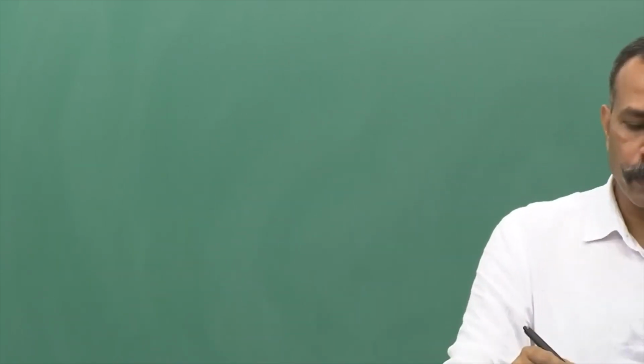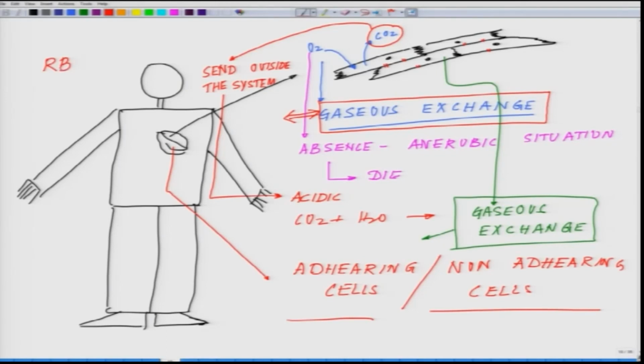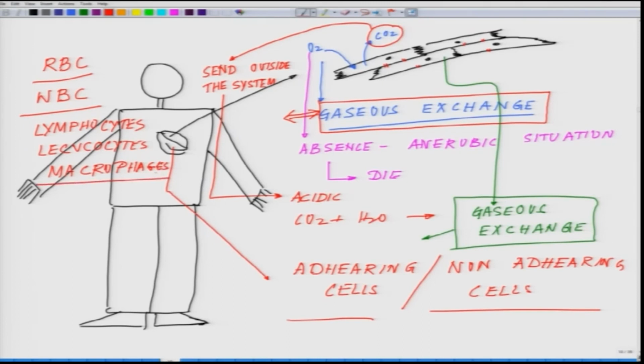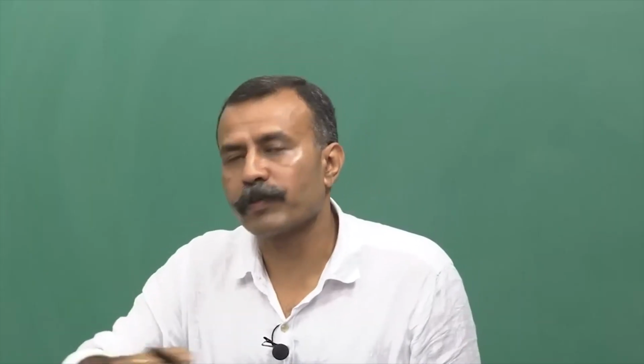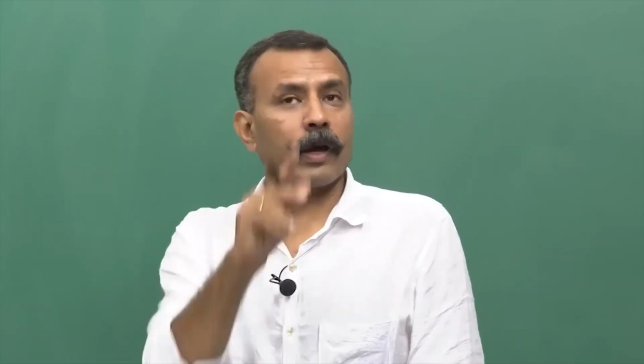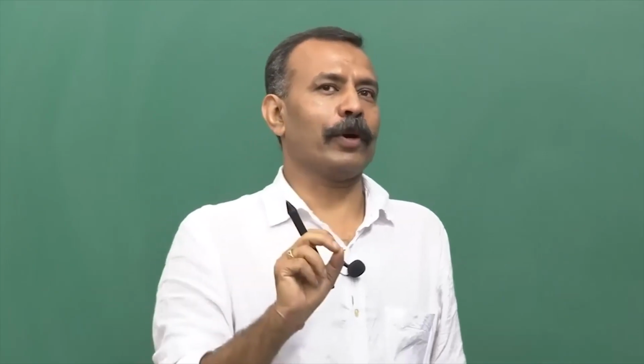So are we talking about RBCs, red blood cells, or WBCs, white blood cells, lymphocytes, leukocytes, macrophages? Are we trying to culture these? And if so, do you want them to adhere, or do we want them in suspension to move around? What are we culturing? This is a very critical point.